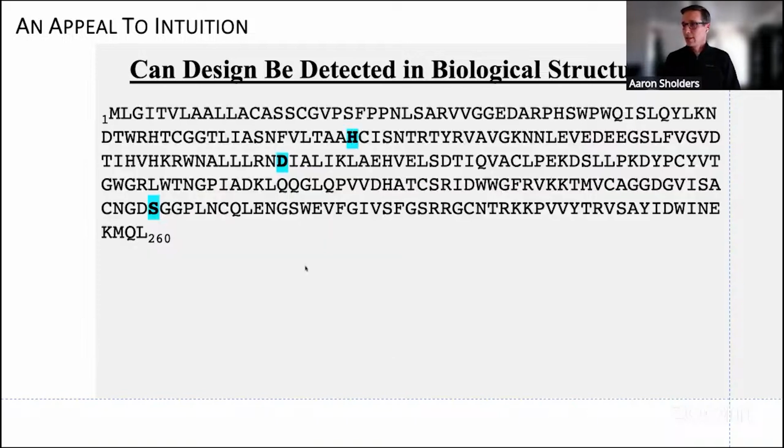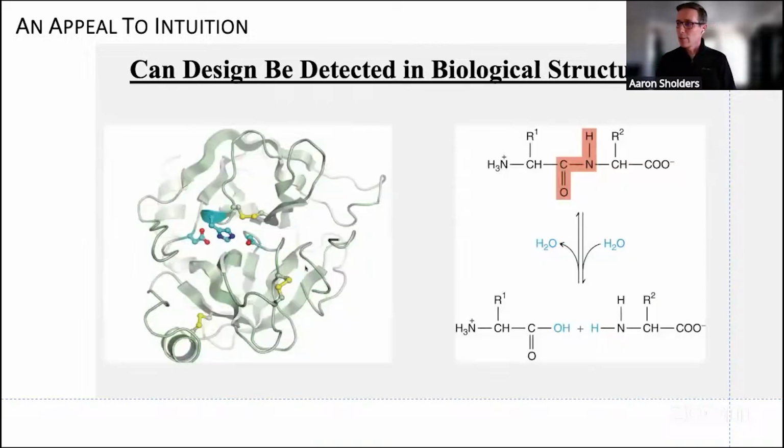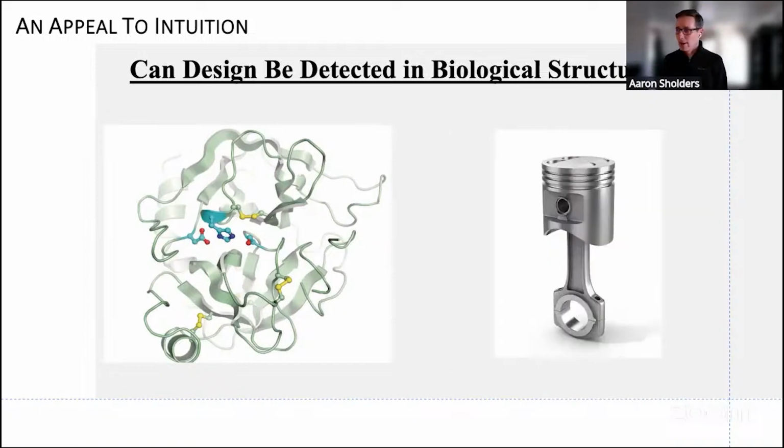Is this more like our first lotto ball sequence or our second lotto ball sequence? It turns out that this is a lot more like our second lotto ball sequence, and the reason is because it produces this that does that. In fact, we can think about this structure as being something like this structure. It has teleological significance, it has purpose, it has intent behind it.